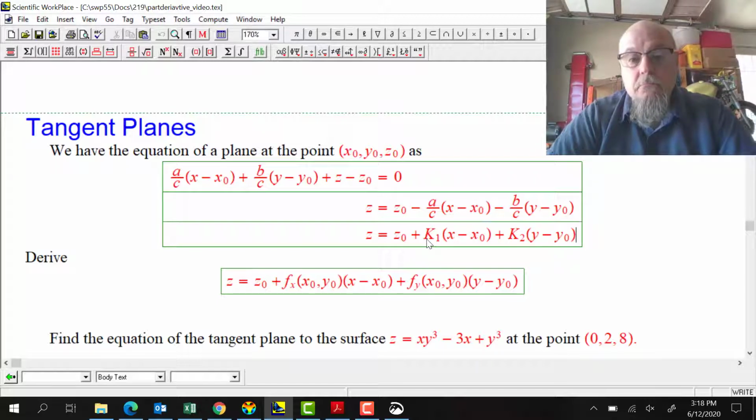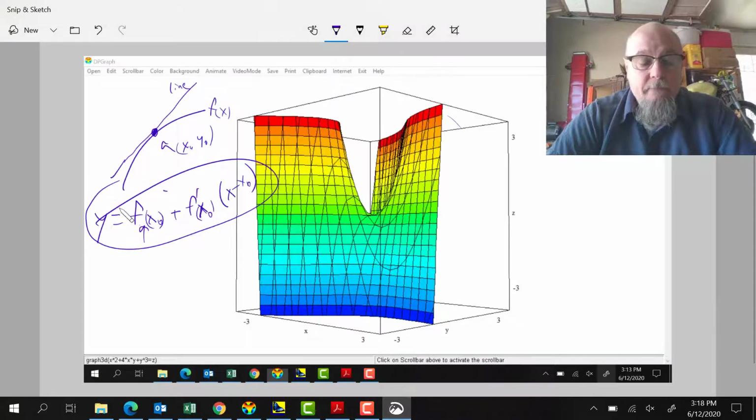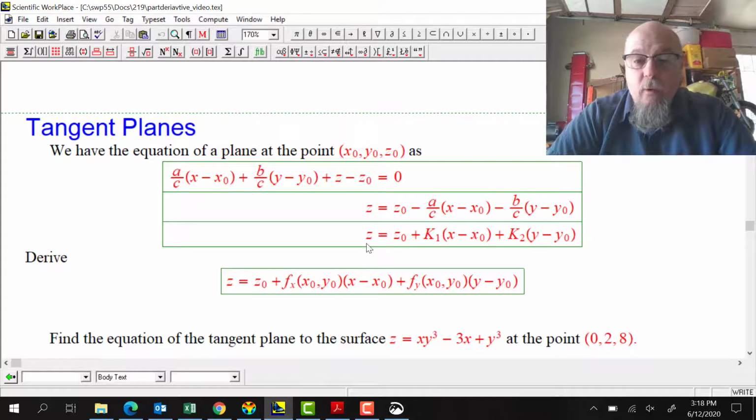Now, just like when we had our line, we had to go through the point and have the same slope. I'm at the stage now where this plane goes through this x naught, y naught, z naught that I want.